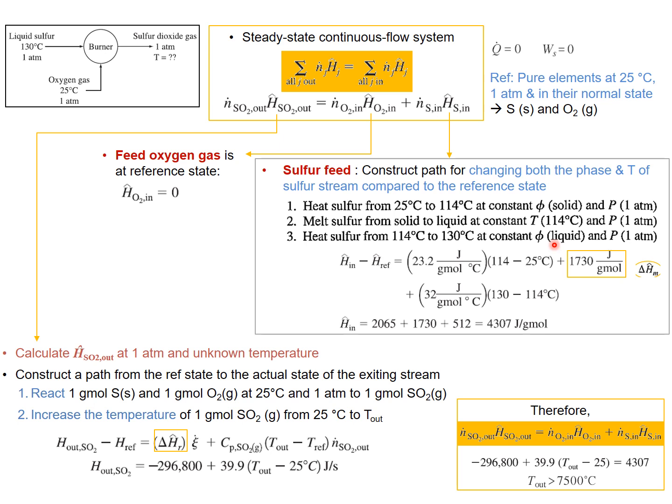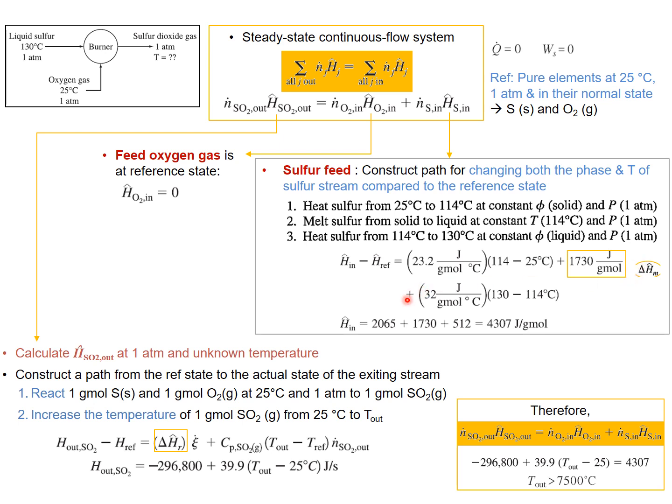Then follow those steps. The first one, temperature increase from reference state to boiling point, and this is the heat capacity of a solid. And then it's time for phase change, so melting from solid to liquid.